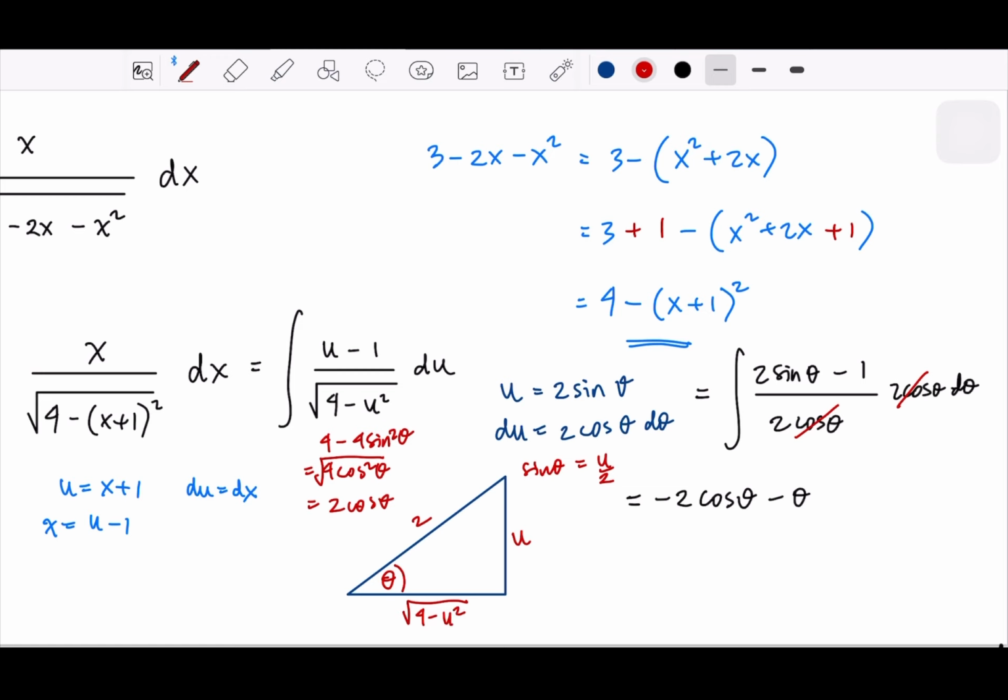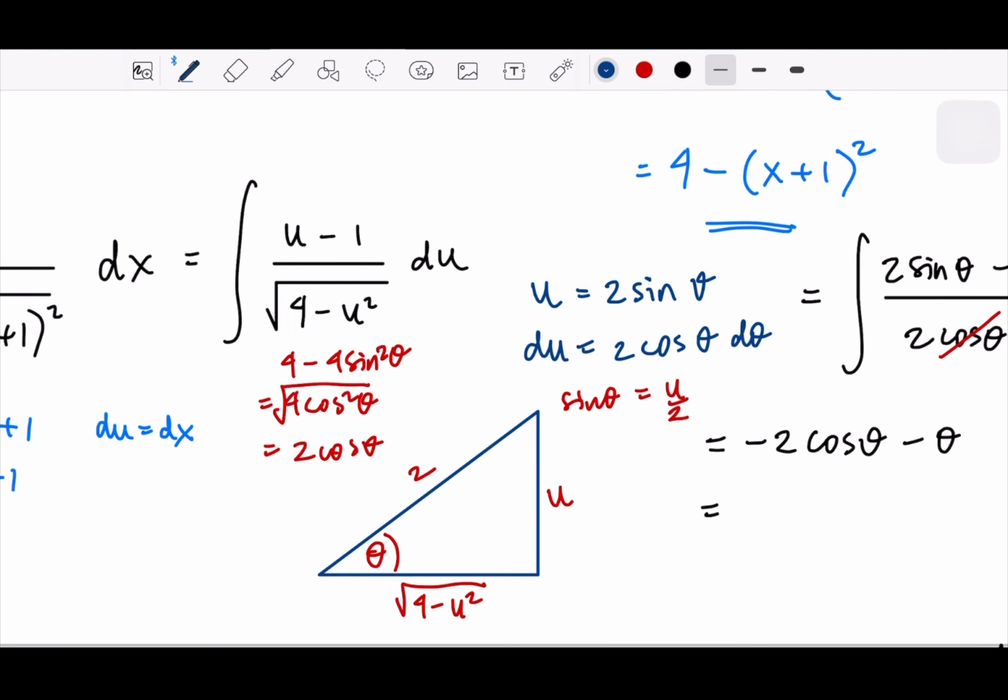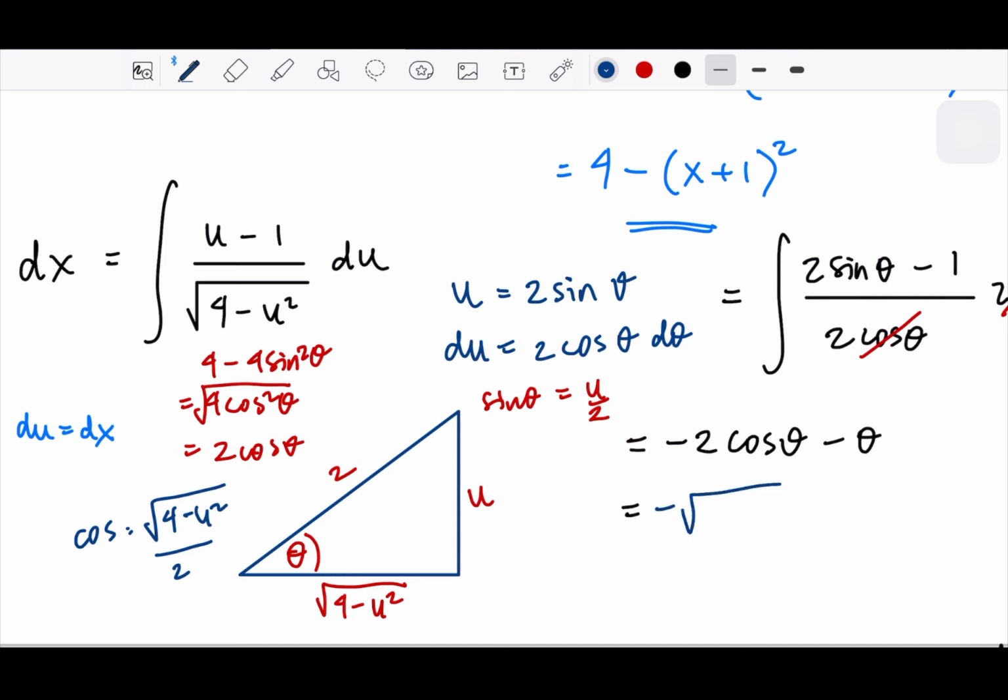So we change theta to u and then u to x. Cosine theta is the square root of 4 minus u squared over 2, but then it's multiplied by 2, so it's going to be negative square root of 4 minus u squared.